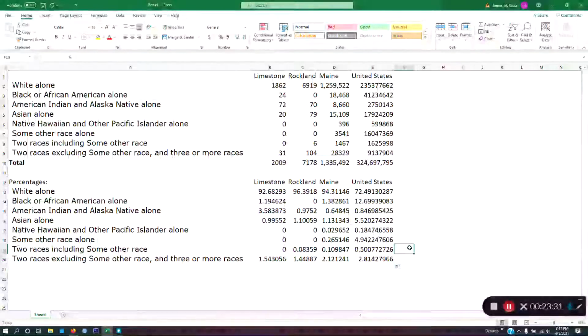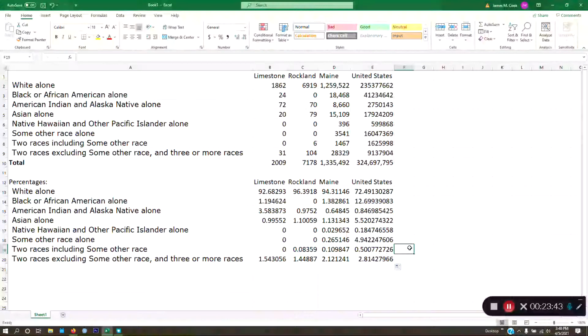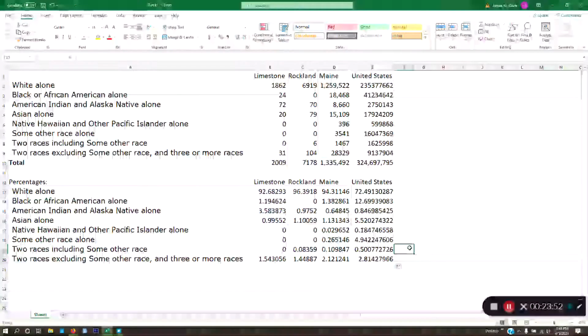You might want to actually look up a little additional information about these different places, especially the small towns in the States, to figure out why is the racial composition of one place not the same as the racial composition of another. That thought work is really up to you once you collect this data on your central town, another town in Maine, to compare it to the state of Maine and the United States overall.